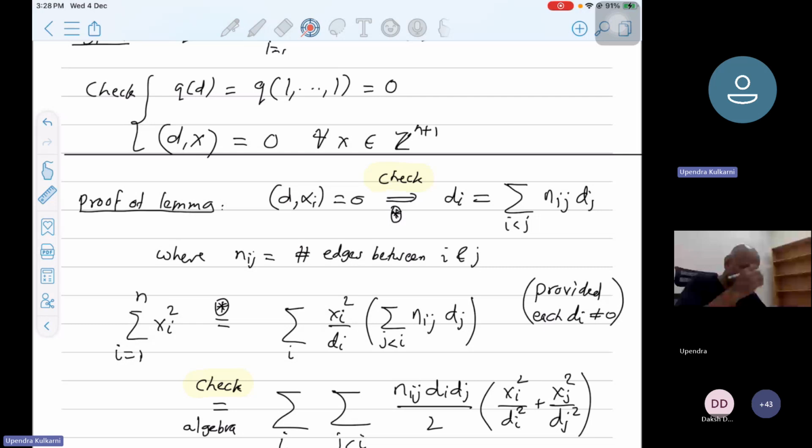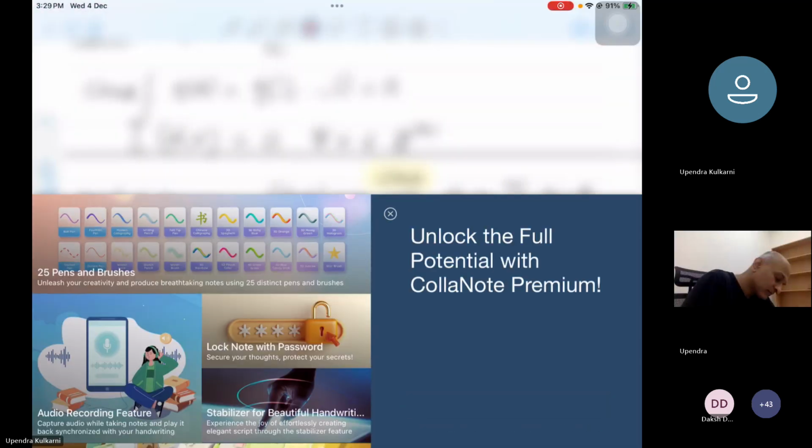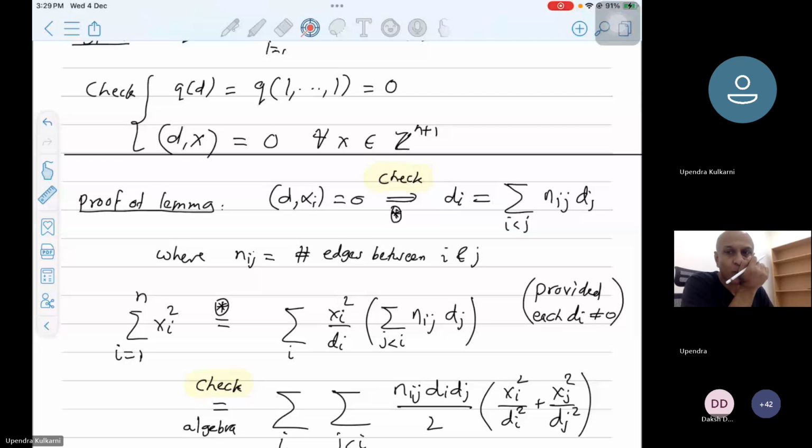So what now? Suppose some di is 0. What will have to happen? This equation means that, I'm just thinking whether I need it in the hypothesis.